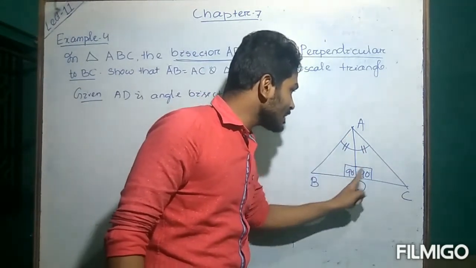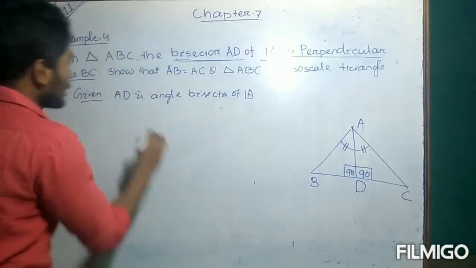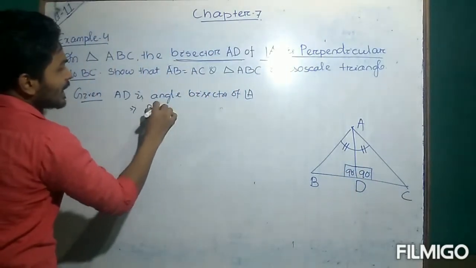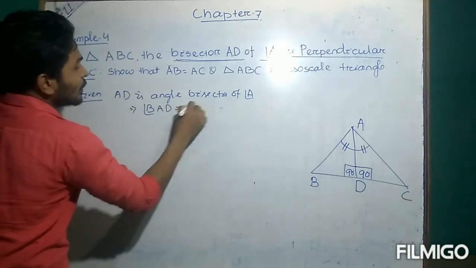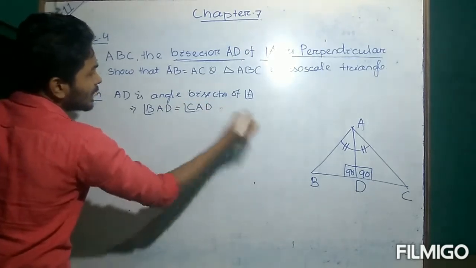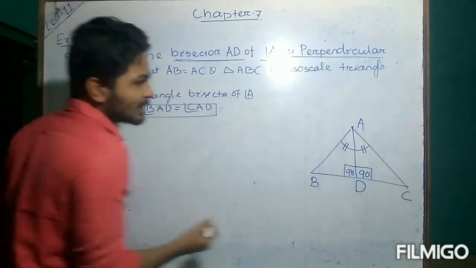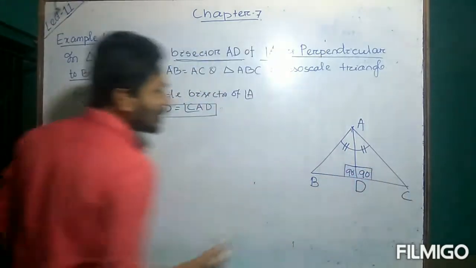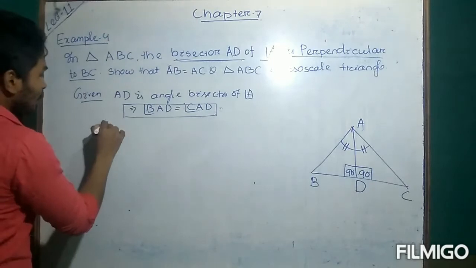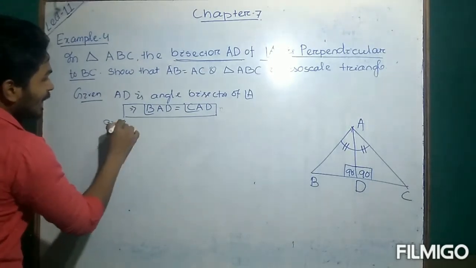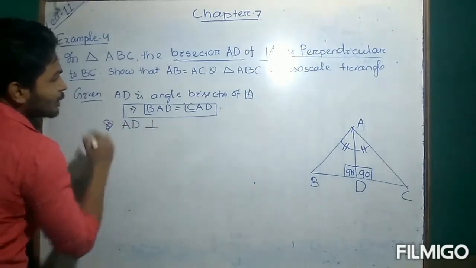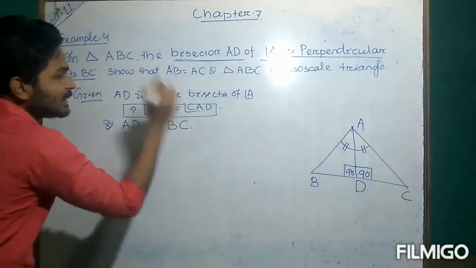So BAD is equal to CAD. Clear? Next thing is that AD is perpendicular on BC. It is given.